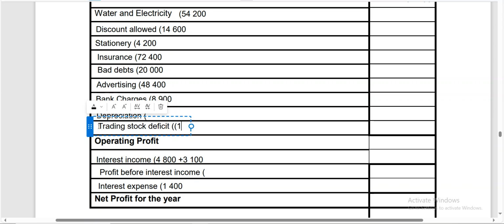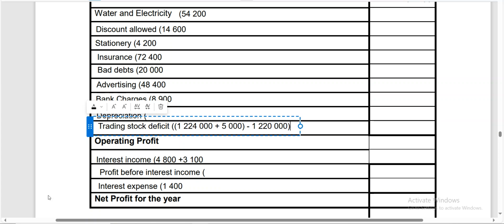So I'll say 1,224,000 plus that 5,000 of the stock that was returned. Then I close my bracket. Then I'm going to say minus 1,220,000, and then I close the bracket.